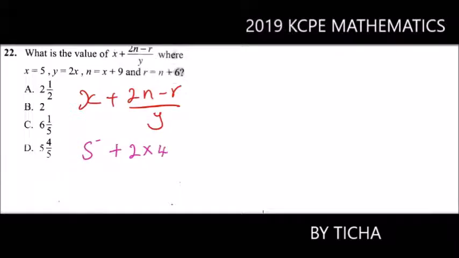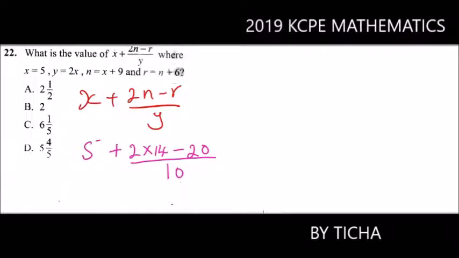So you multiply by 14, minus r. r is n plus 6, and our n is 14, so r is 14 plus 6, that will give you 20. All this is divided by y. Our y is 2x, our x is 5, so it means that is 10.